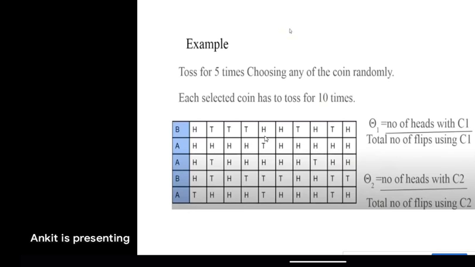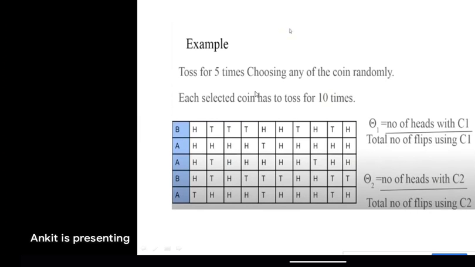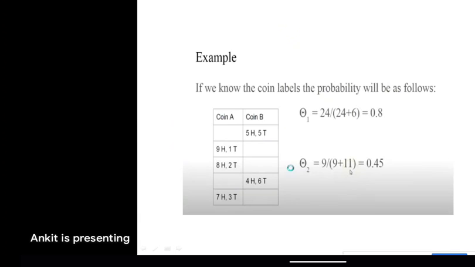In the second attempt for coin A, there are 9 times head and 1 time tail. So we write here 9H, 1T, and so on. So we fill up this table with all the given data, with all these possibilities.